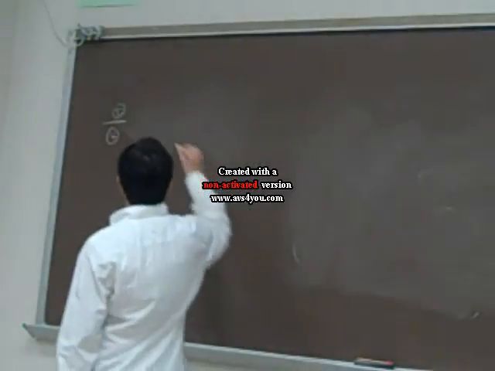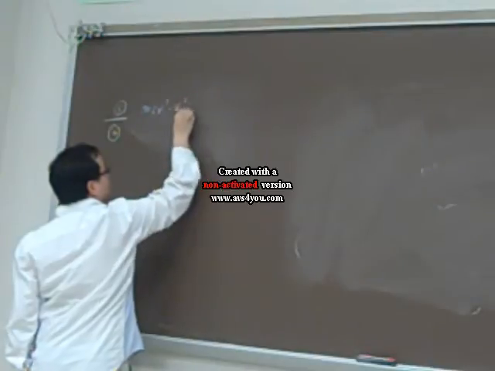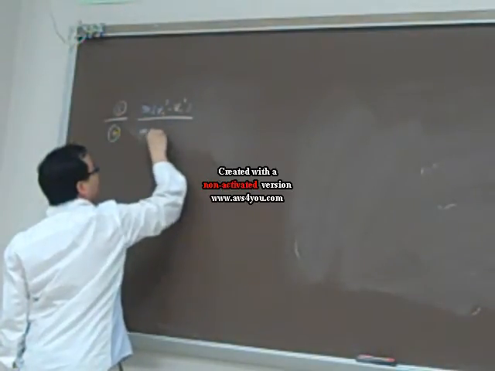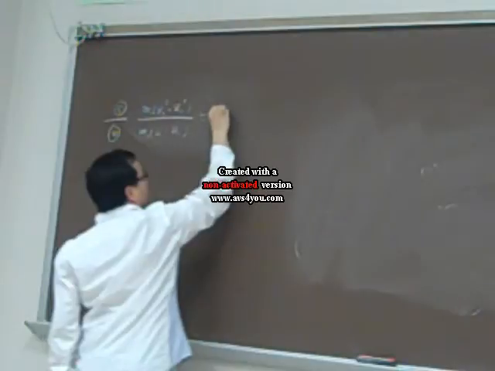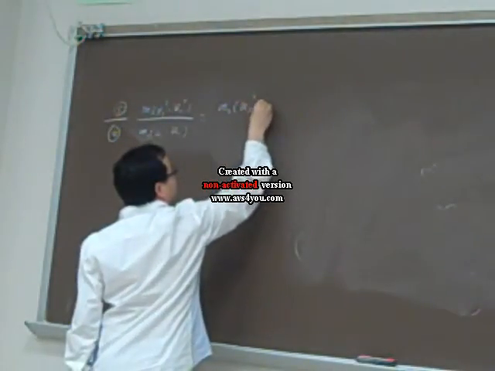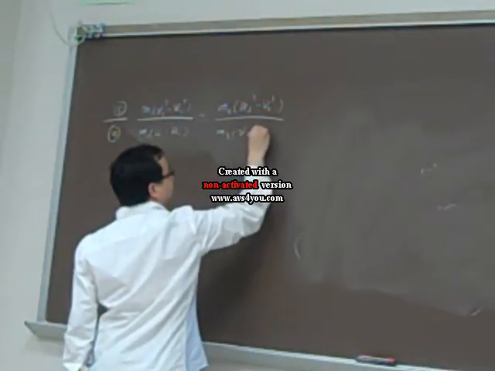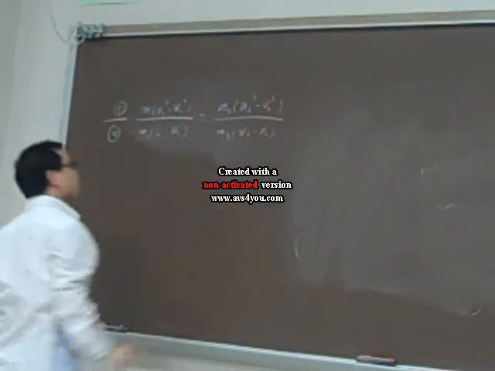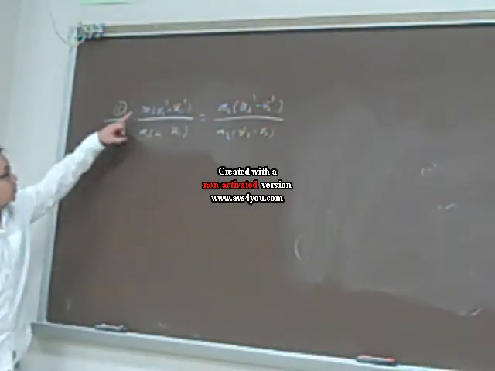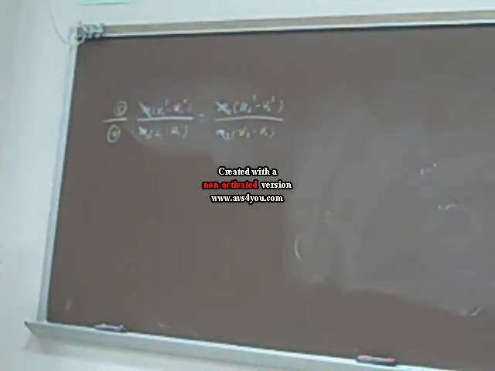So I get m1 (v1 squared minus u1 squared) divided by m1 (v1 minus u1) equals m2 (u2 squared minus v2 squared) divided by m2 (u2 minus v2). Okay. And if I do so, this m1 cancels this m1, this m2 cancels m2. So we don't even have mass in this equation.